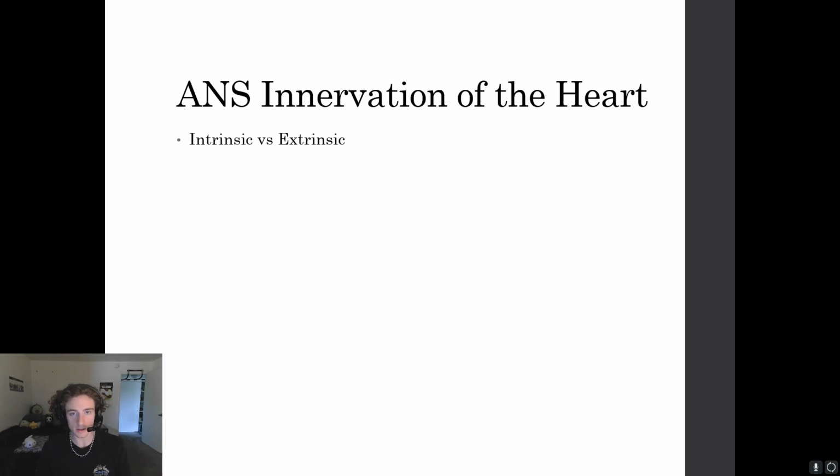So the autonomic nervous system has both intrinsic and extrinsic components as it innervates the heart, right? So the intrinsic component of the autonomic nervous system innervating the heart is going to be clusters of neurons known as ganglionated plexi or plexuses.